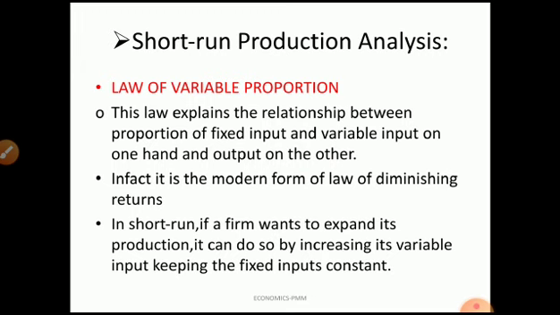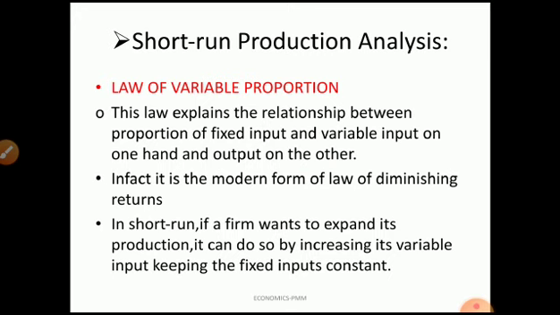In the short run, if a firm wants to expand its production, it can do so by increasing its variable input, keeping the fixed inputs constant. I'll repeat it. In the short run, if the producer wants to expand production, it can be done by increasing only its variable input and keeping the fixed inputs constant.